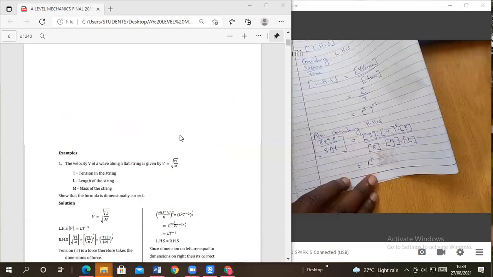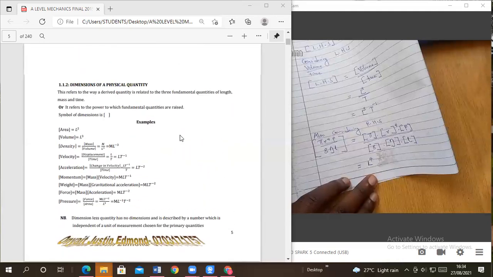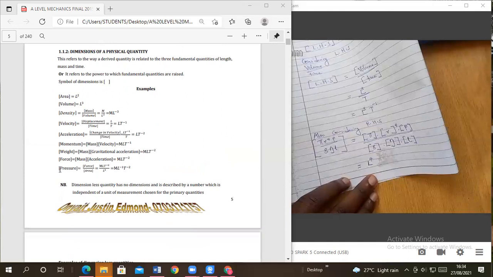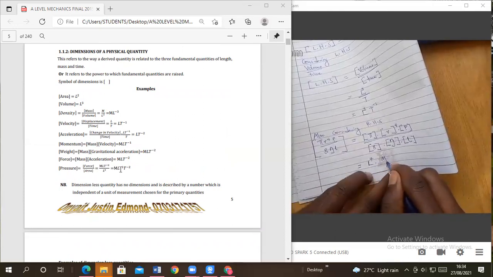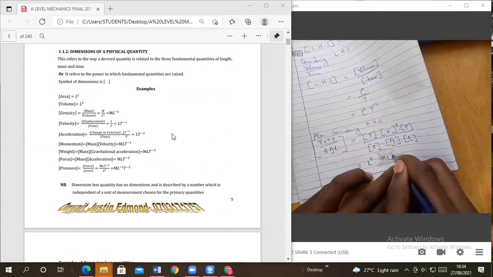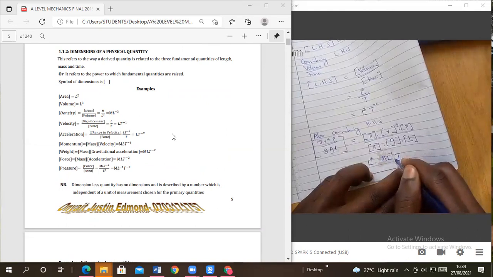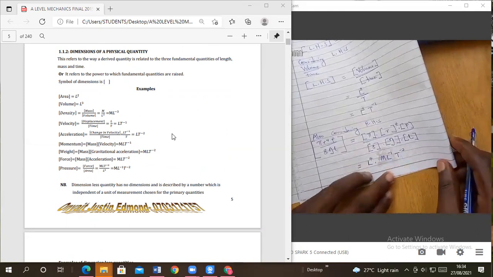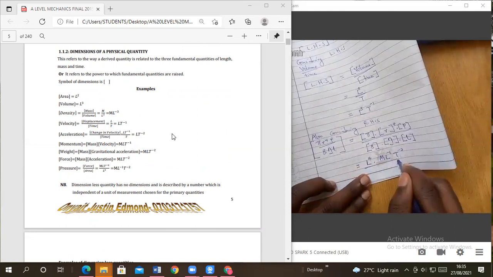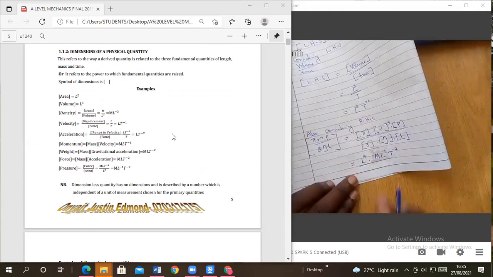When you substitute for force and area, you get M L to the power -1 T to the power -2. 8 is a constant, so that one is 1.